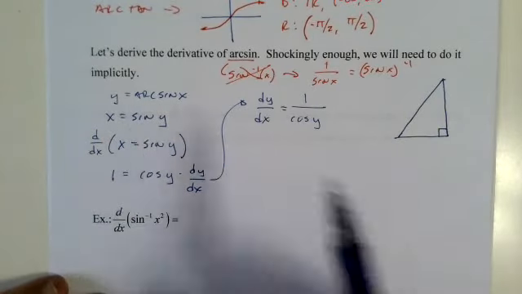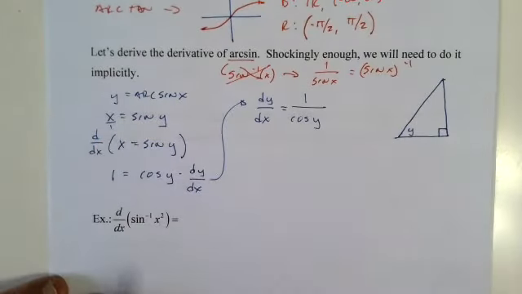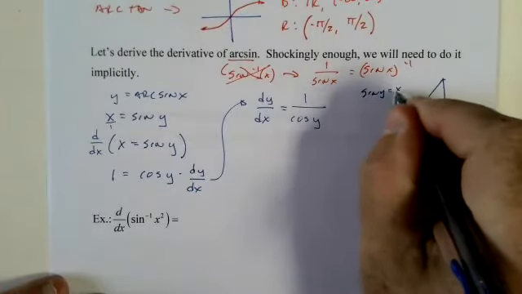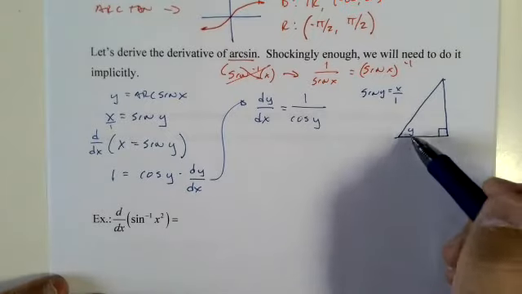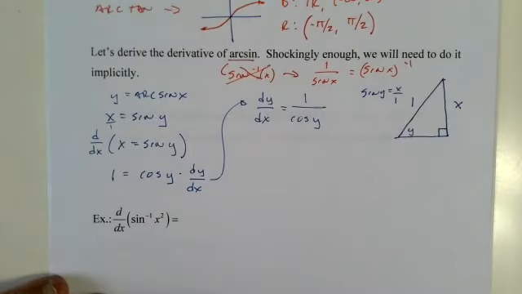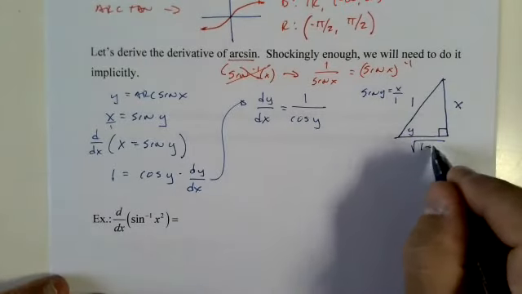This says sine of some angle y equals x, technically x over 1. Sine of y equals x over 1. Sine, if I'm not mistaken, and it's been a while, is opposite over hypotenuse. And I think that makes this square root of 1 minus x squared.